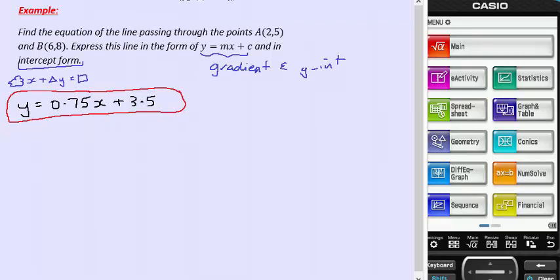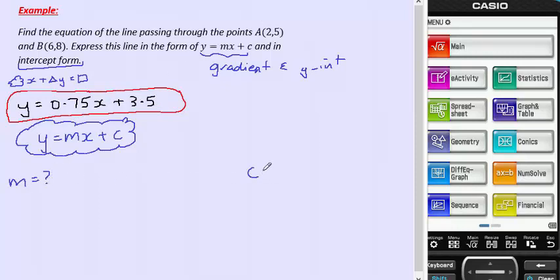First of all, my answer needs to be in the form of y equals mx plus c. So it's going to look like this. Which means if I need to find my equation, I need to find m and I need to find c. So let's start off with m.